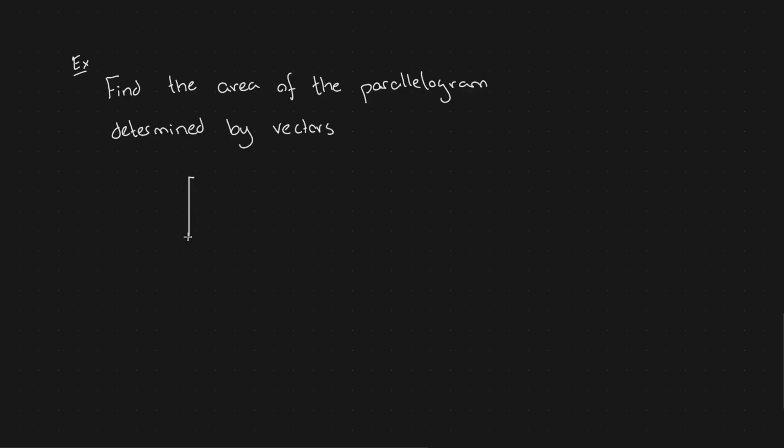Find the area of the parallelogram determined by vectors 2, -1, and 3, 4.